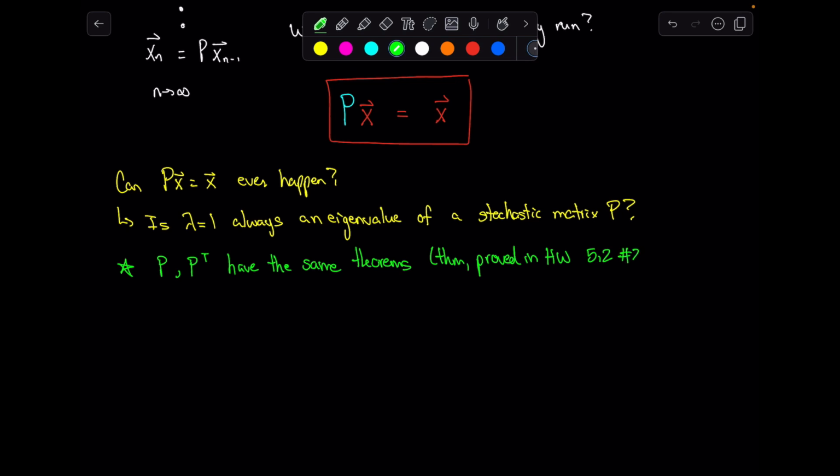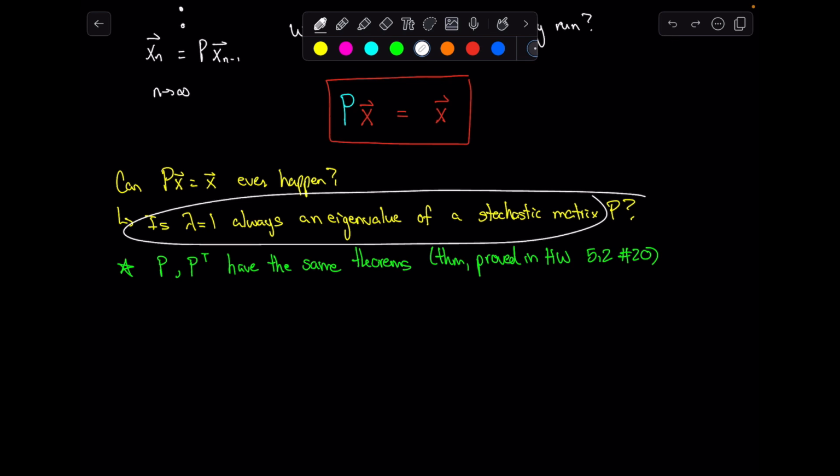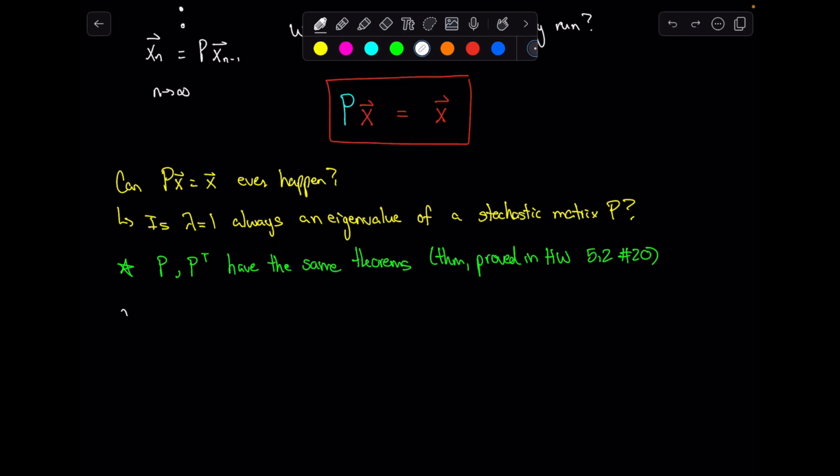5.2 number 20. It takes not very long to prove. But the point is that in order to answer this question, what I want you to do is consider the transpose of this stochastic matrix P. Okay?